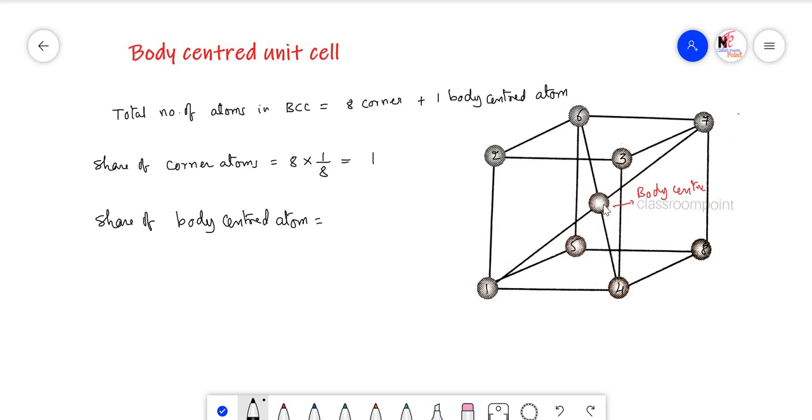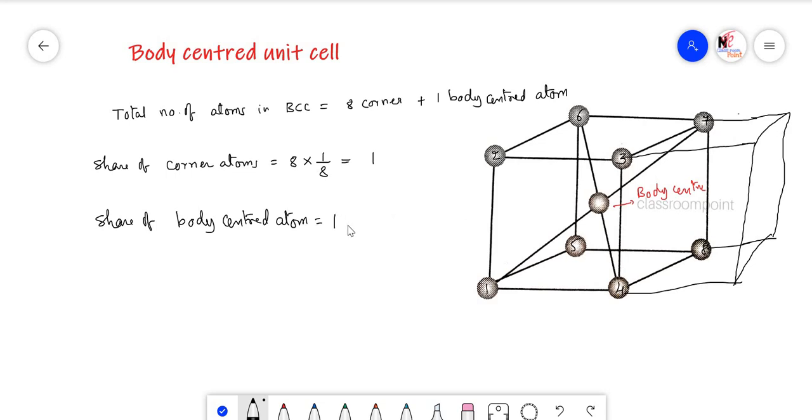You know that when an atom is placed at the center of the body of the cube, automatically it will not be in touch with any other unit cell. Even if you develop one more unit cell like this, even if you develop it, it will not be in touch with this unit cell or any other unit cells on that side. So the body centered atom completely belongs to the particular unit cell.